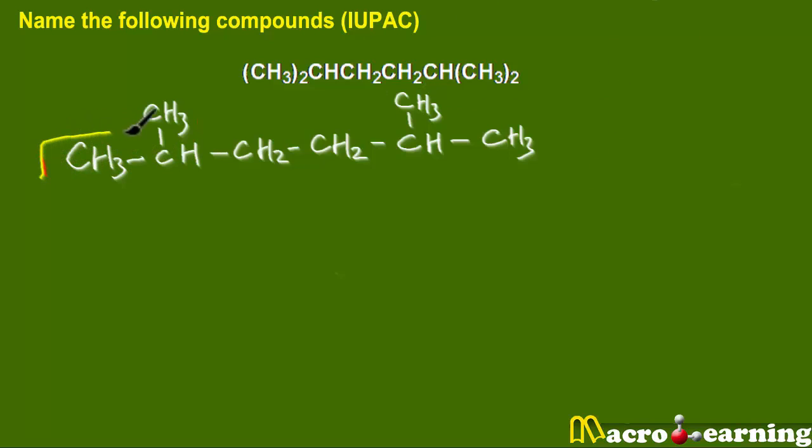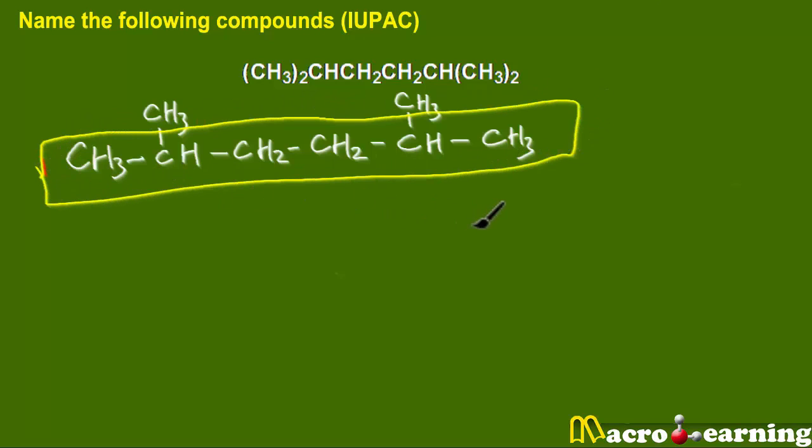The main chain simply is this one here. It's a 6 carbon chain, which is hexane. And the substituents are these 2 methyl groups.